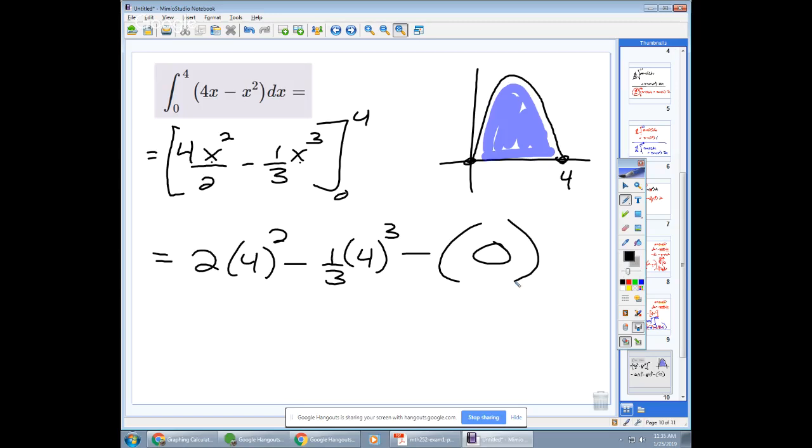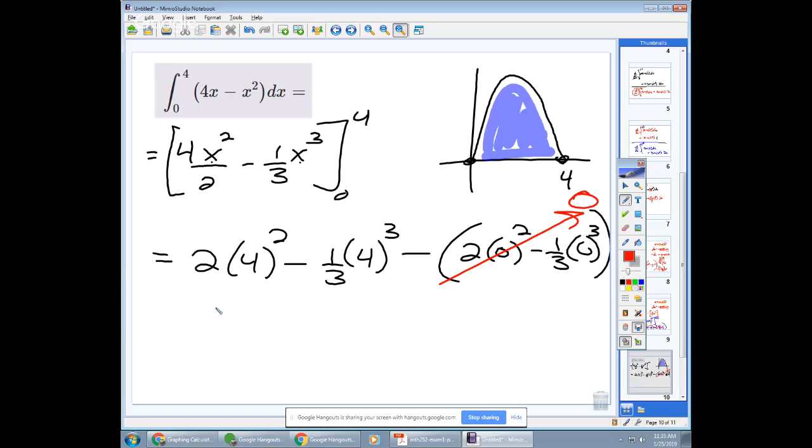Sometimes I even write more detail. I rewrite all of this with the 0 for x. In other words, 2 times 0 squared minus 1/3 0 cubed. All right, so I believe that is definitely 0, so then I just have to clean this up.